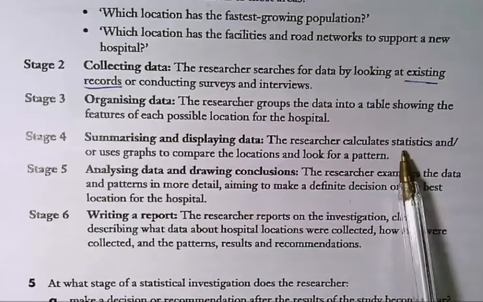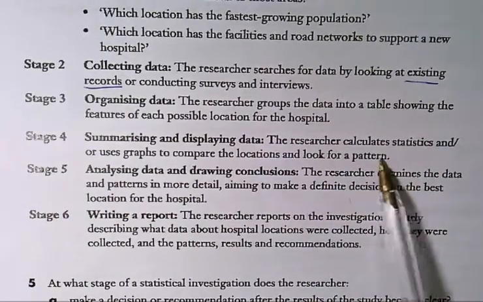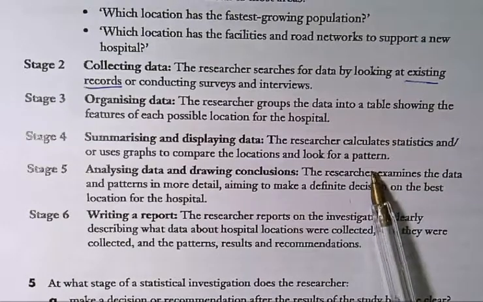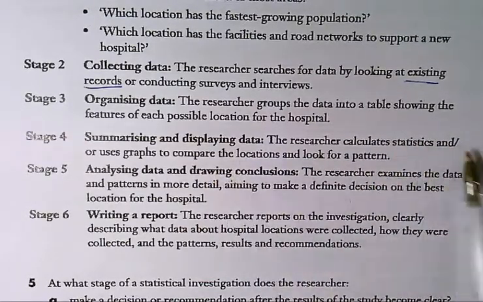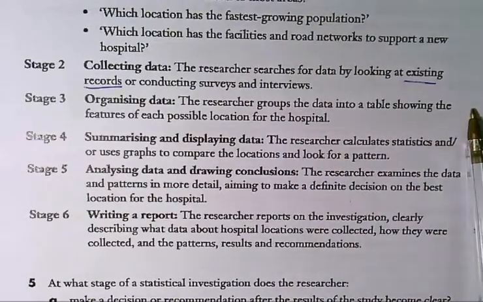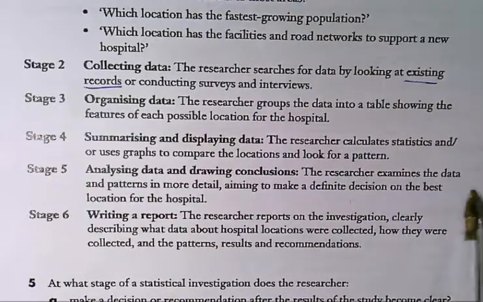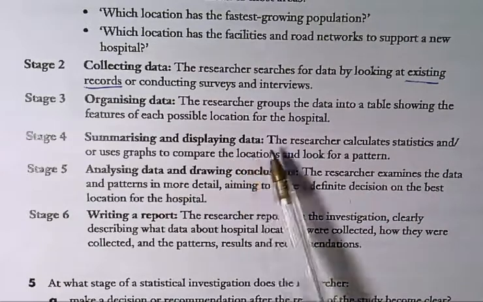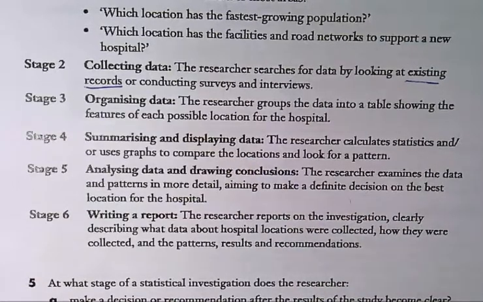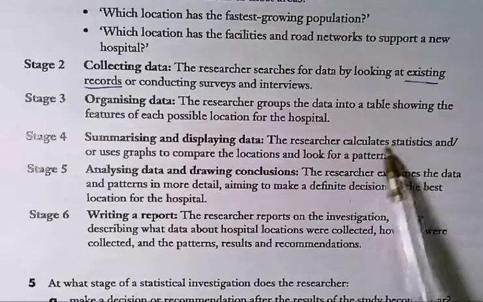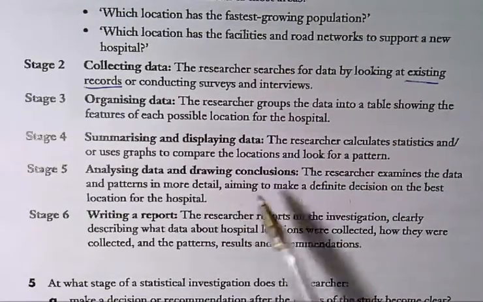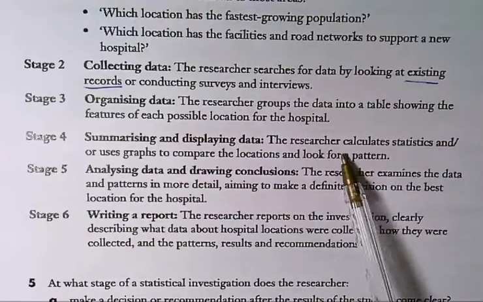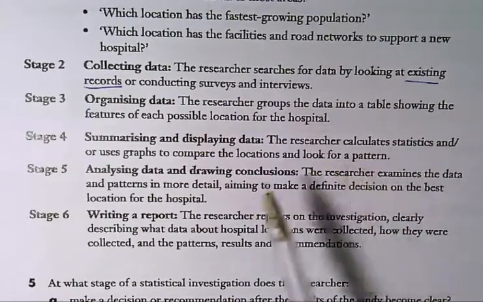Some sort of statistics might be the spread of the ages of people in that immediate population. Maybe how many people there are per area, how many people an existing hospital might be servicing. Okay, so that's some of the data that they might look at. Also need to look at the age of the population as well.